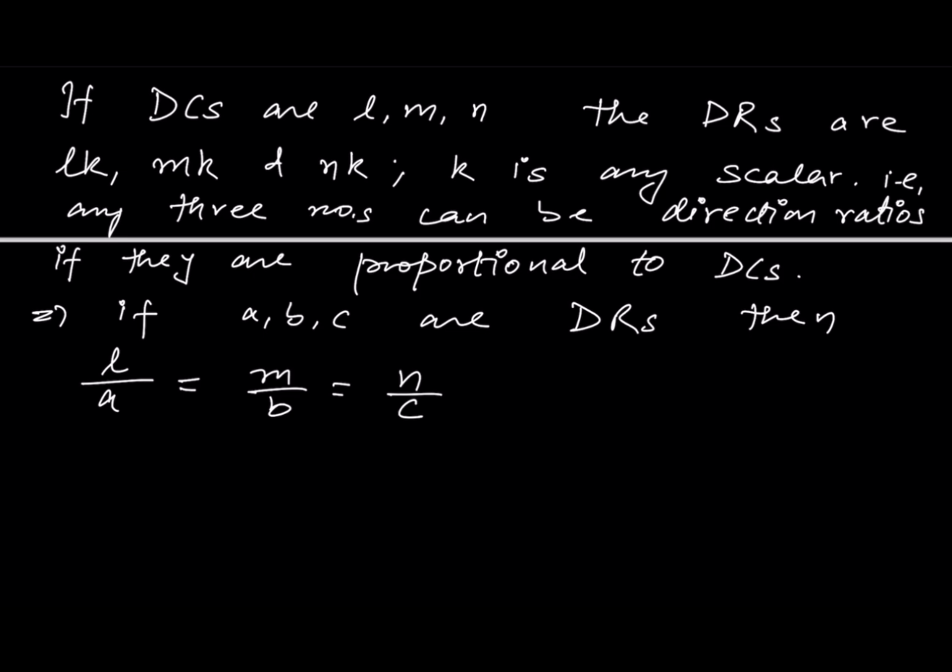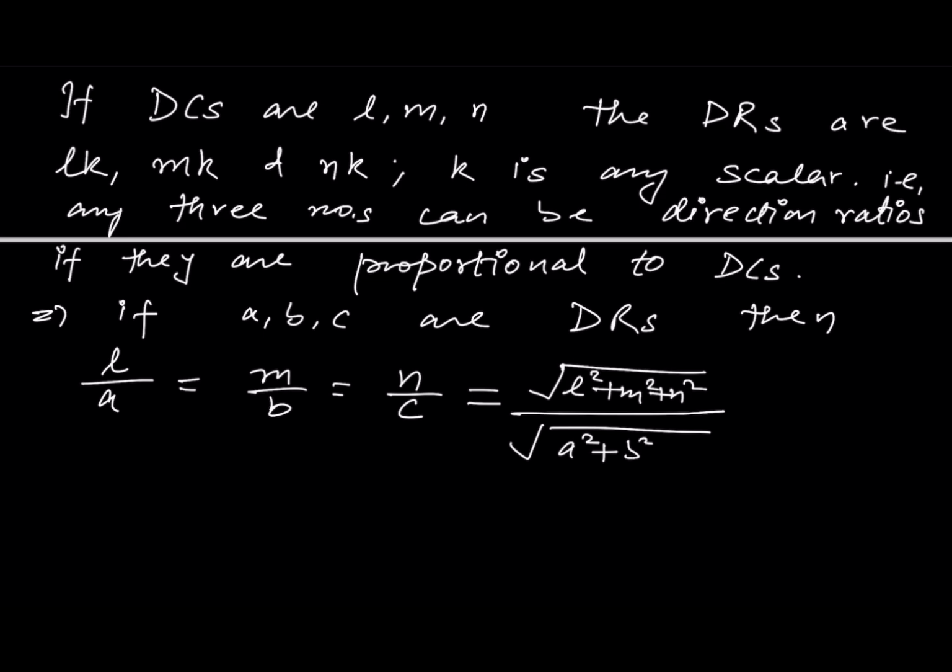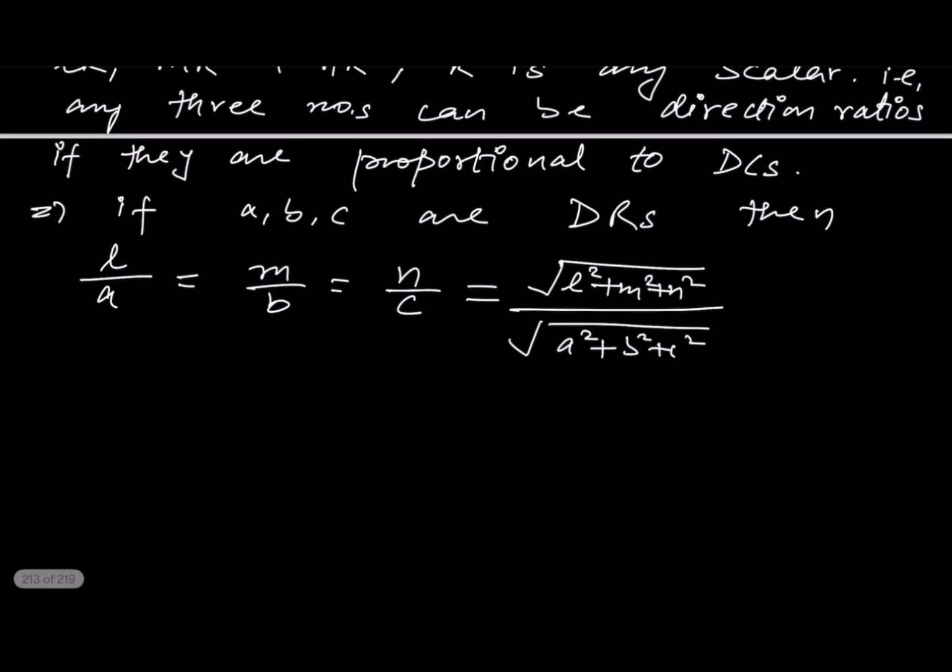So if I am defining a, b, c as direction ratios of any vector, then l upon a is equal to m upon b is equal to n upon c must hold. So if this holds, then this can be written as root over l square plus m square plus n square by root over a square plus b square plus c square, right? So this thing is 1.